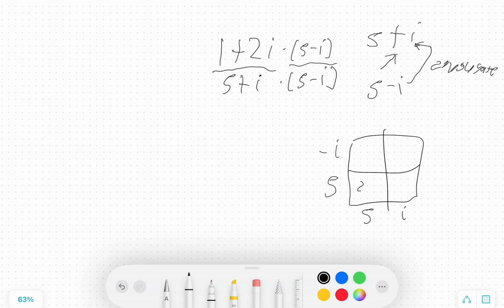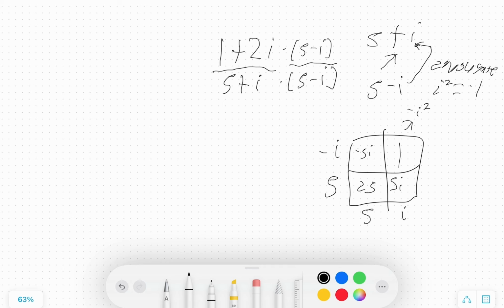So 5 times 5 is 25. Negative i times 5 is negative 5i. And here's where it gets tricky. i times i is i squared, but there's a negative there, so we slap on a negative. We know i squared is negative 1, and a negative and a negative in this case is just going to be 1.